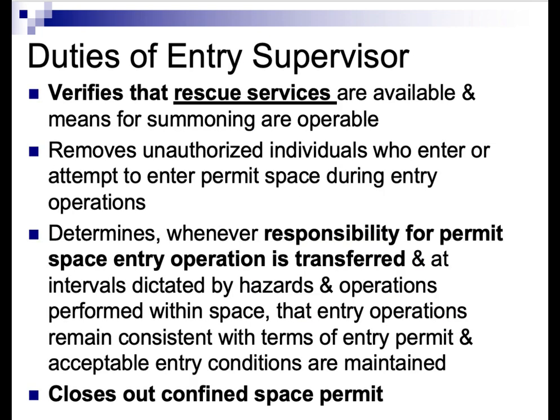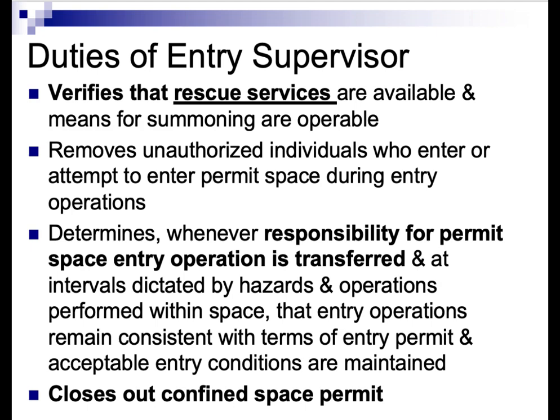The supervisor verifies that the rescue plan is in place and that there's an available means to summon somebody, whether that happens to be calling 911 or you have staff on site that can rescue, and that can be used in the location that you're in. Sometimes you're in remote locations. Your cell phone may not actually work.